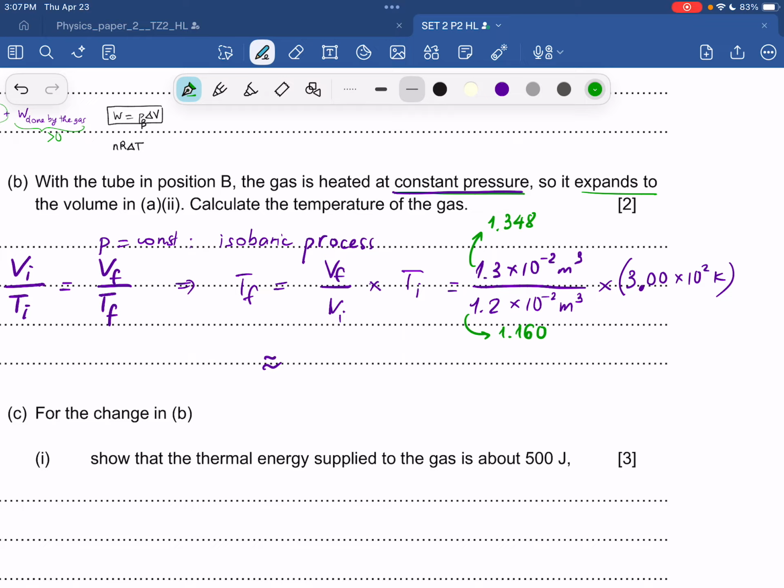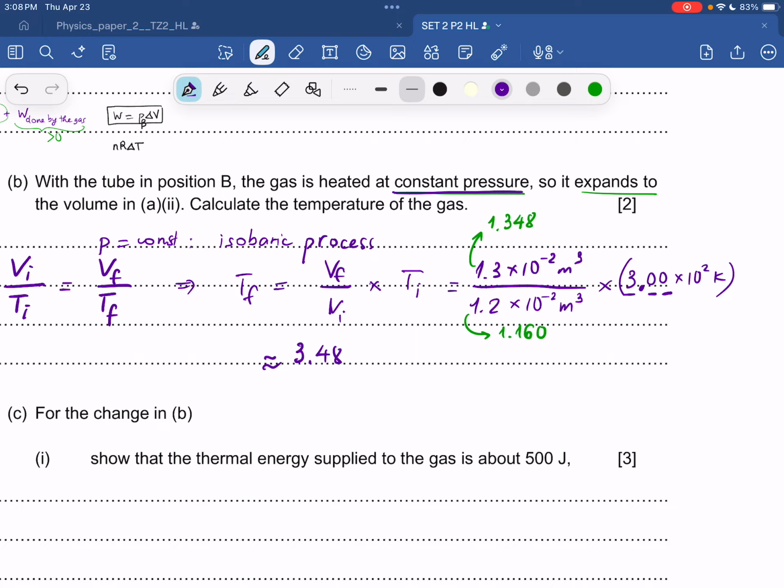So the T will end up around, I will use the value with more significant figures, around 3.48, but I will just keep it with three significant figures, because with this one we have three significant figures.